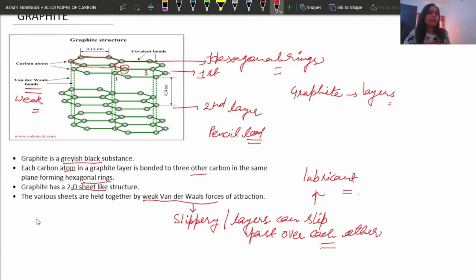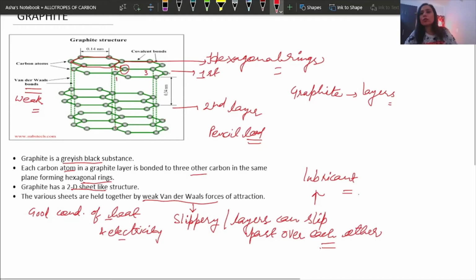And graphite is also a good conductor of heat and electricity. Why? Because the weak van der Waals forces allow the movement of the atoms or ions, and thus it makes it a good conductor of heat and electricity.